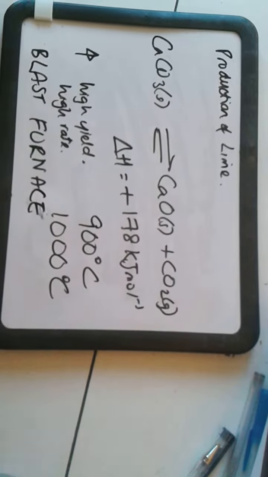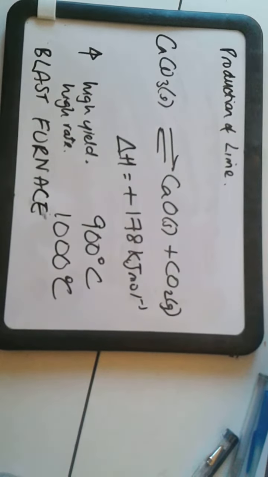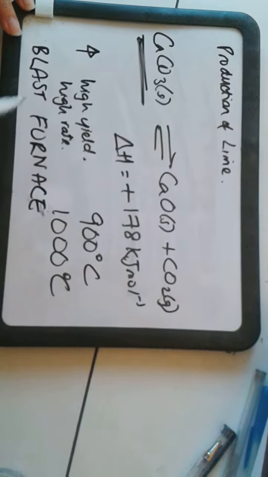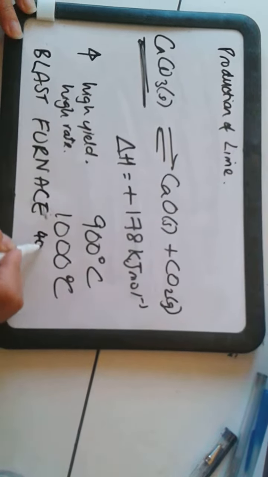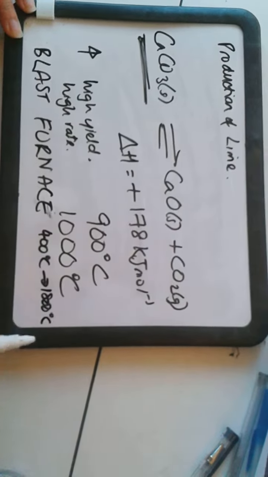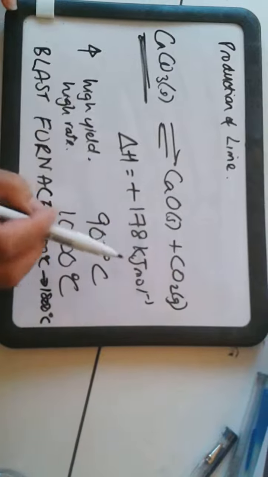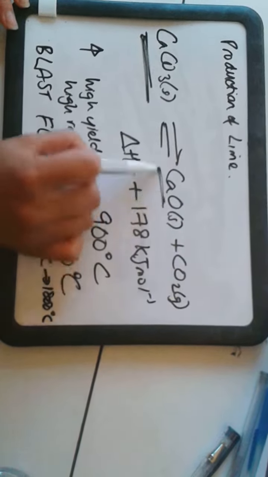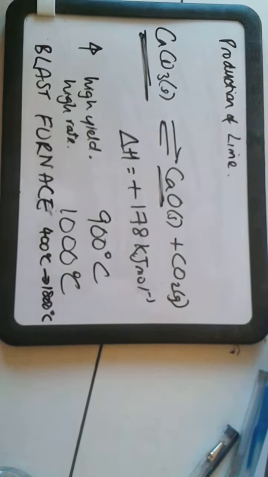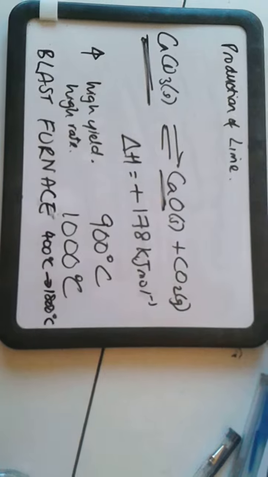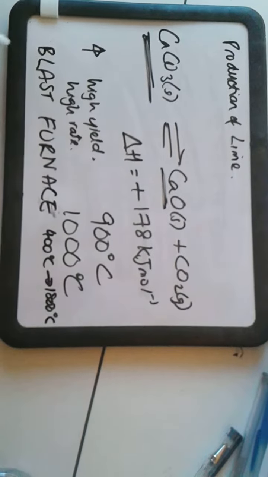In the blast furnace, limestone is added, and the temperature in the blast furnace goes anywhere from 400 degrees C to 1800 degrees C. At this temperature, the forward reaction is favoured, so you get all product, so you get all lime, calcium oxide, which is used in the blast furnace to neutralise the acidic impurities from the iron ore.